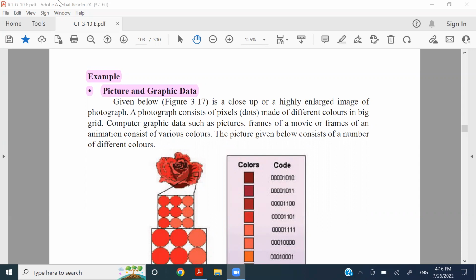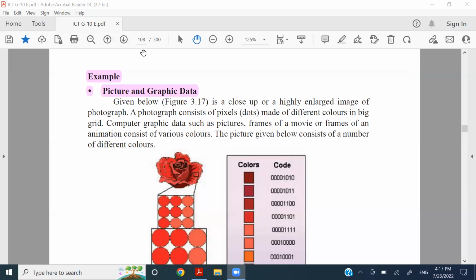Sir, in a picture to represent each and every color. Hold on, now I have jumbled the thing.